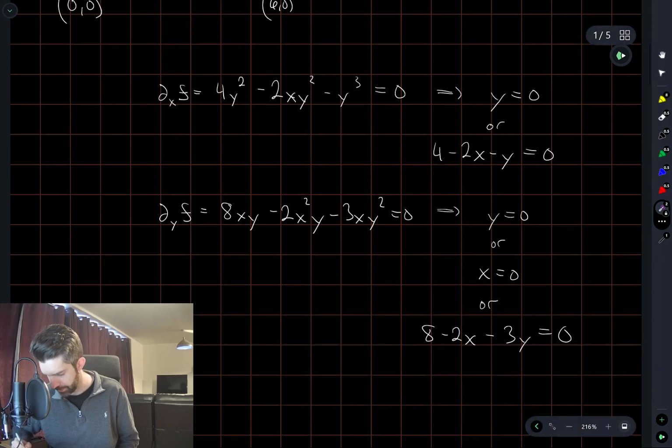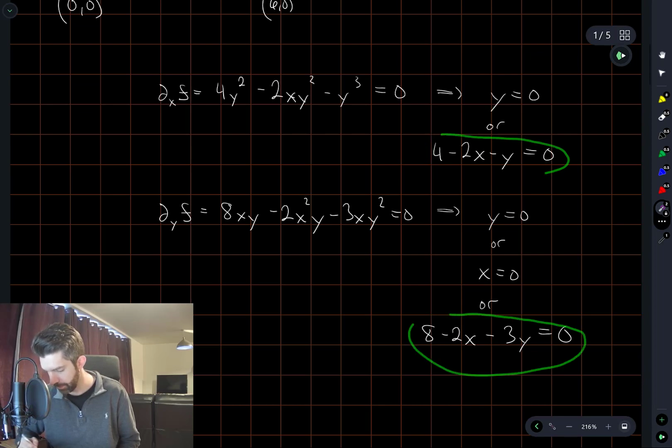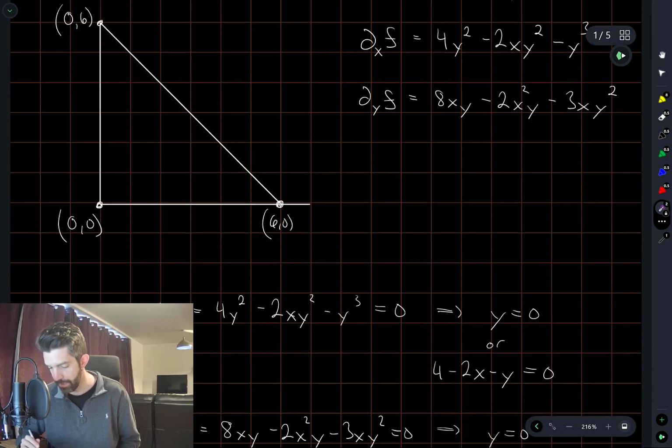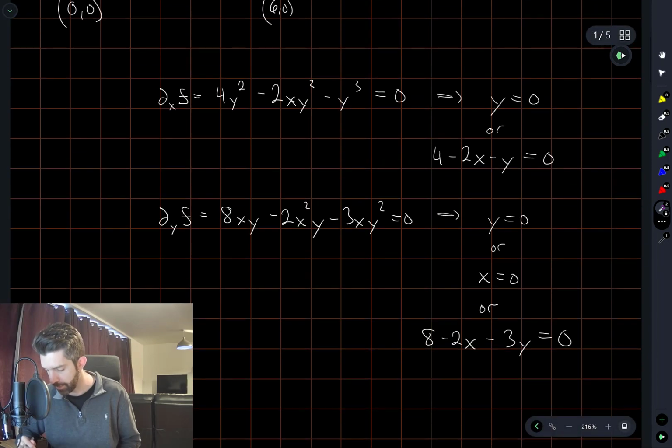I also have that if I can find an intersection between these two lines, or both of these equations define a line in the plane. If they intersect within the region D, within this triangle, then that'll give us another candidate for minima and maxima.